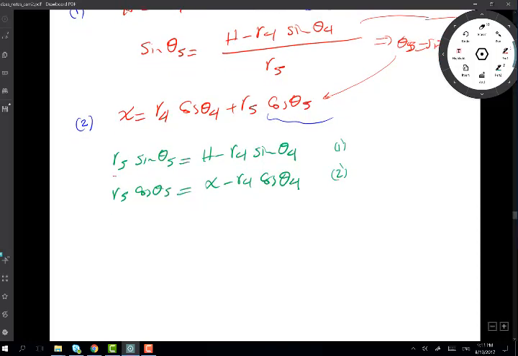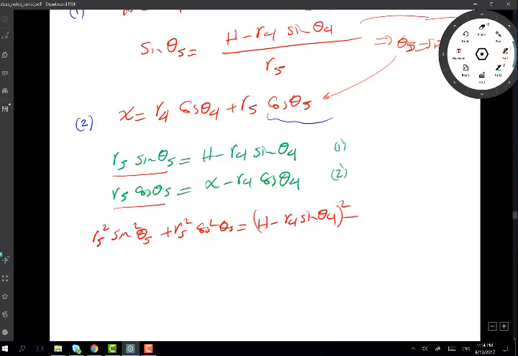So luckily I have R5 sine theta 5 and R5 cosine theta 5. I can square and add those terms. So I go R5 squared sine squared theta 5, plus R5 squared cosine squared theta 5, equal to h minus R4 sine theta 4, squared, plus x minus R4 cosine theta 4, squared.